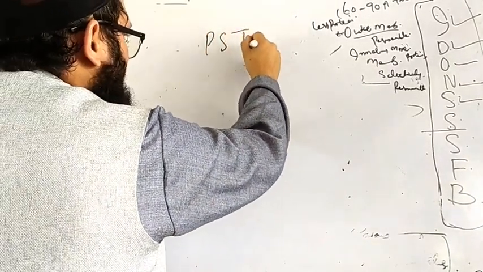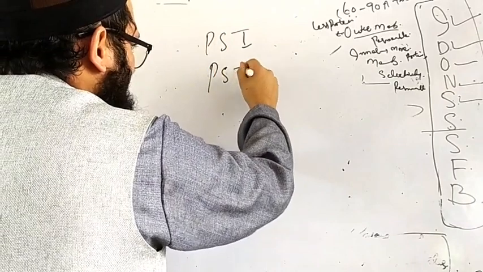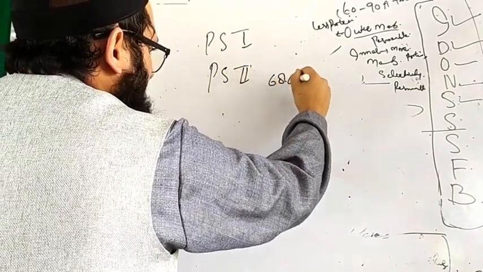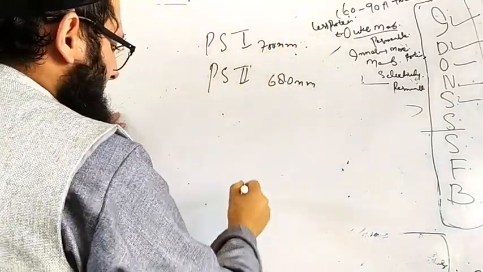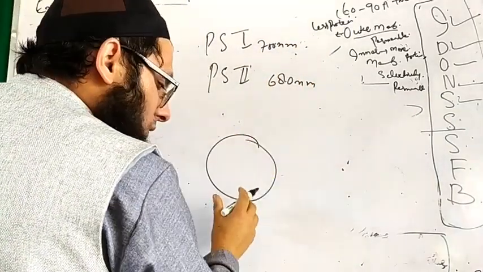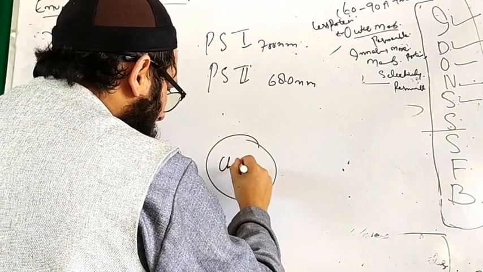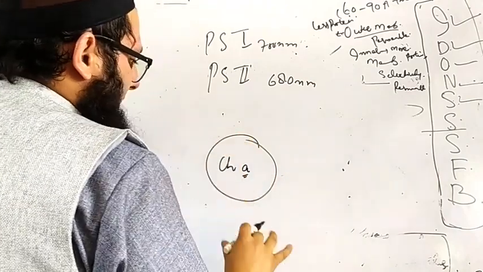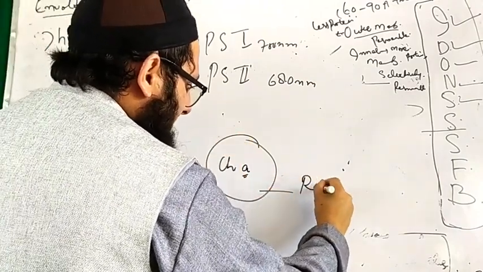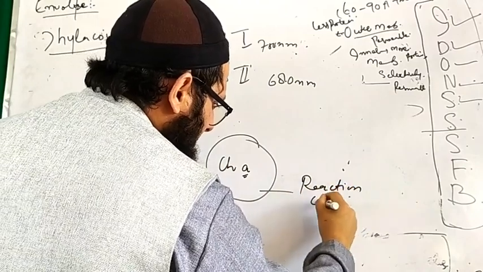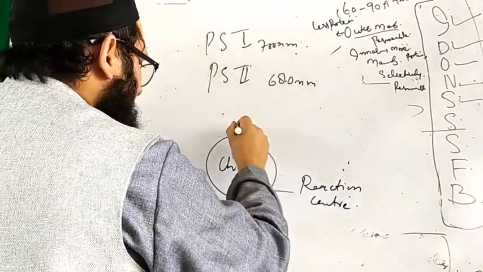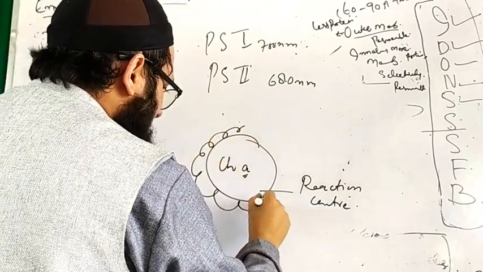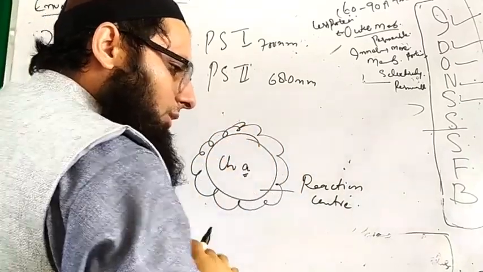Whether you talk about photosystem 1 or photosystem second, 680 nanometers and 700 nanometers, both have a reaction center, a core part, where chlorophyll A is present, and this chlorophyll A is called the reaction center in both cases, whether it is 1 or 2. And it is surrounded by other molecules.